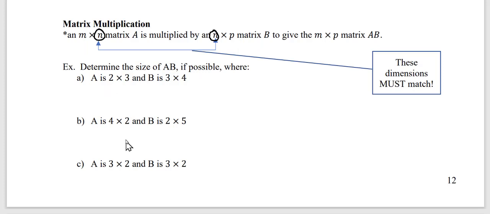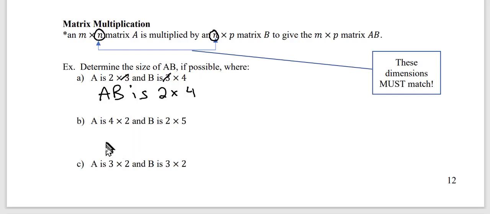Let's look at this example. If A is 2 by 3 and B is 3 by 4, then AB is, well, these match, so you can multiply them, and your result is 2 by 4.